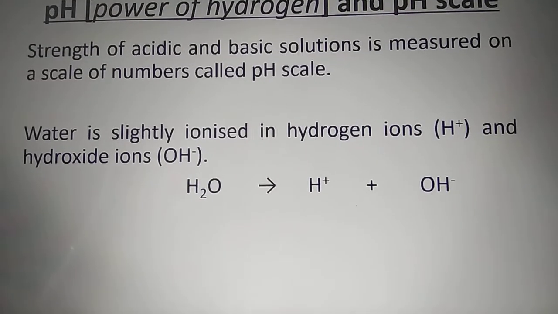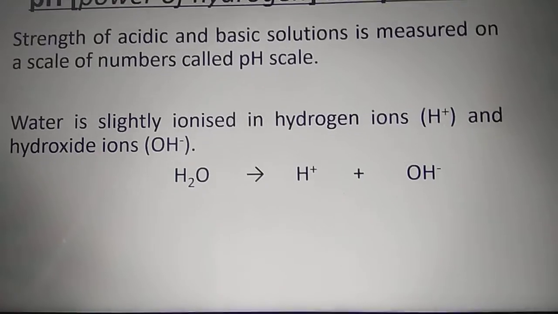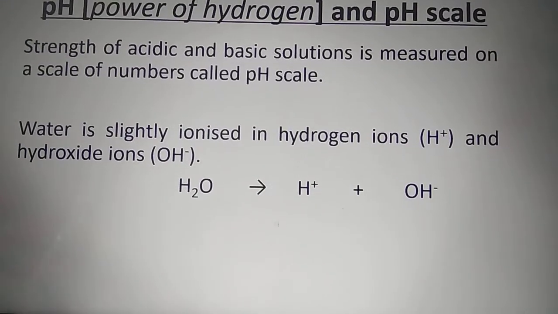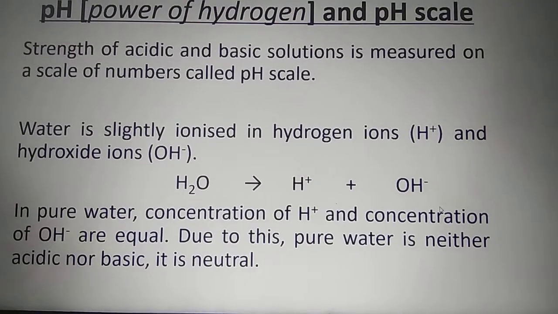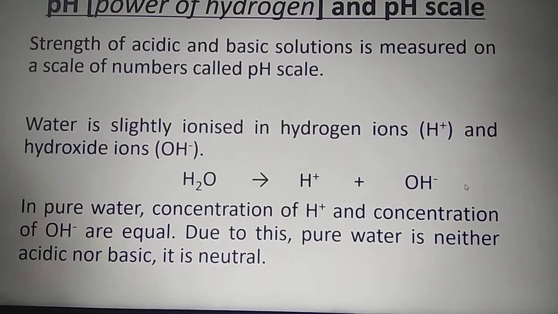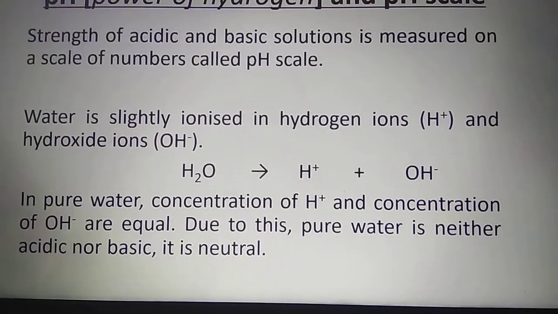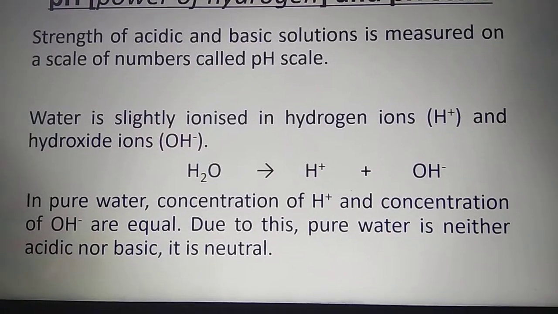After ionization, it produces hydrogen ion and hydroxide ion, which can be represented with the equation H2O ⇌ H+ + OH-.